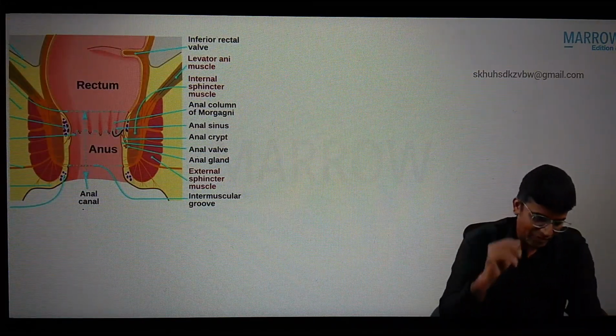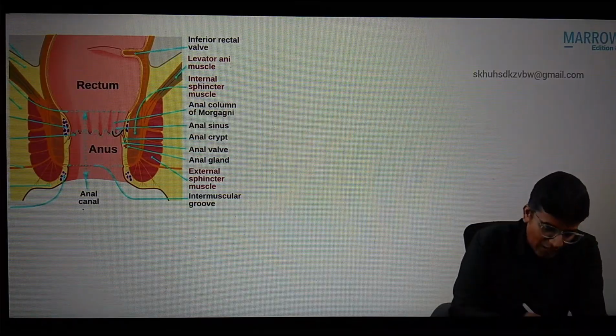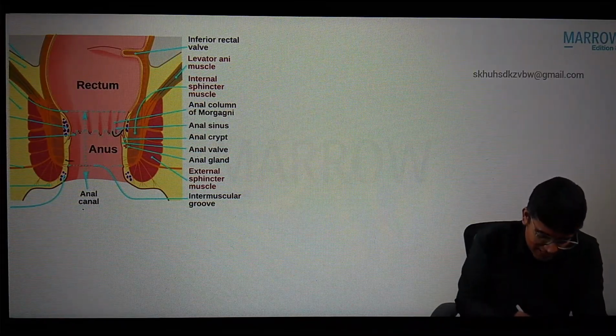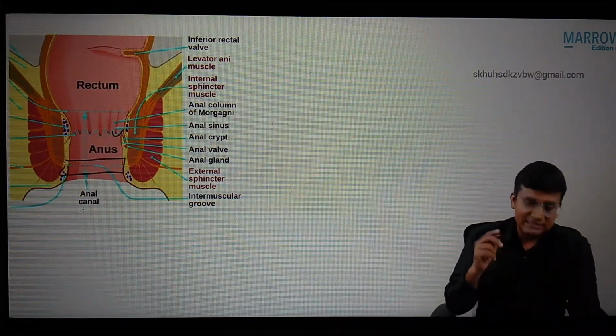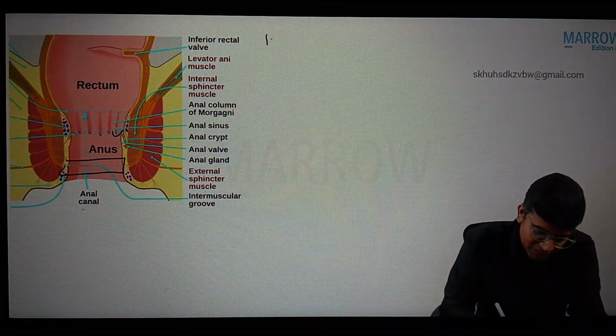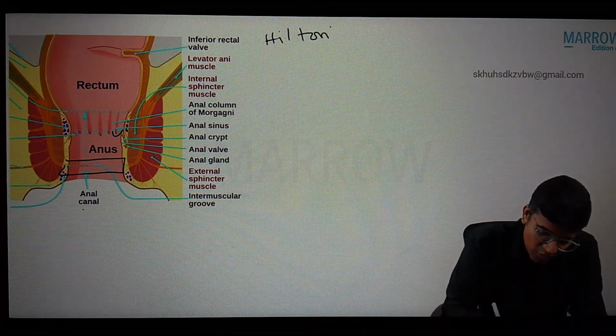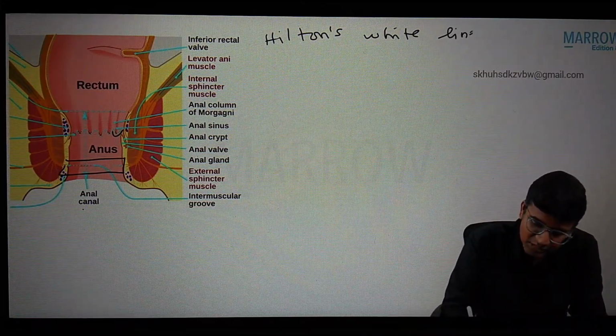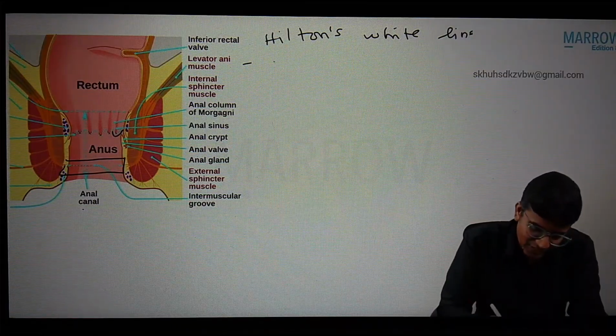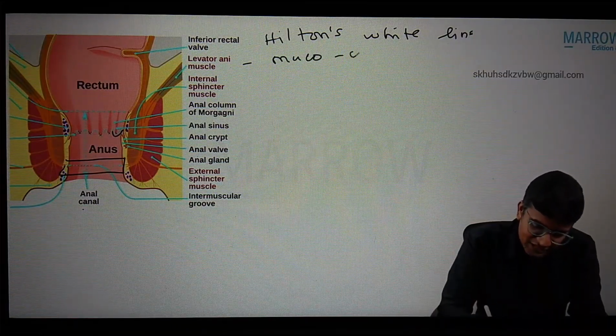Now we're going to see the lower part. In the lower part also, we have one line. This line is called Hilton's white line, which is present at the mucocutaneous junction.